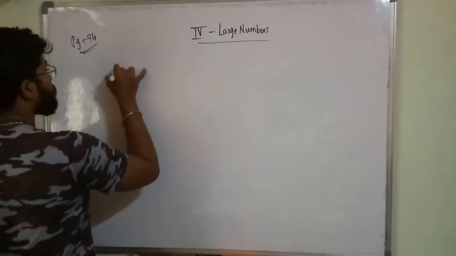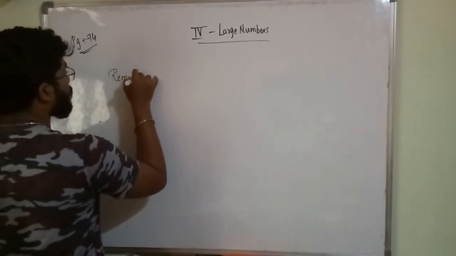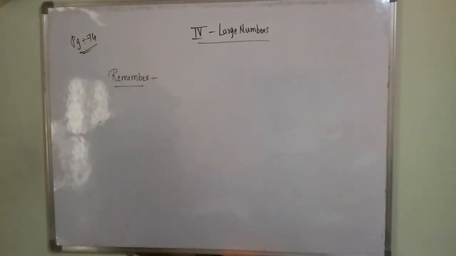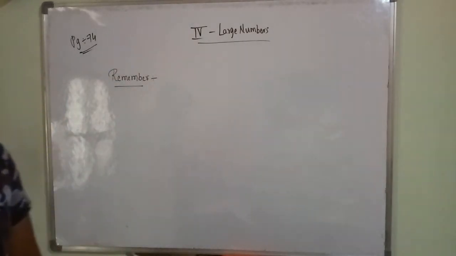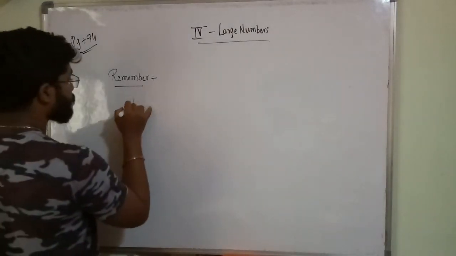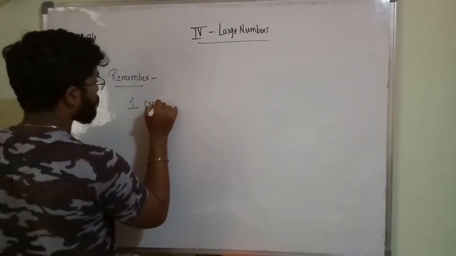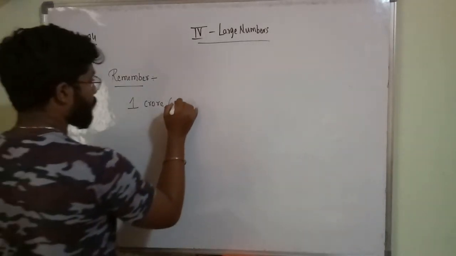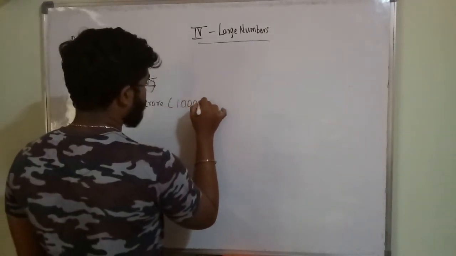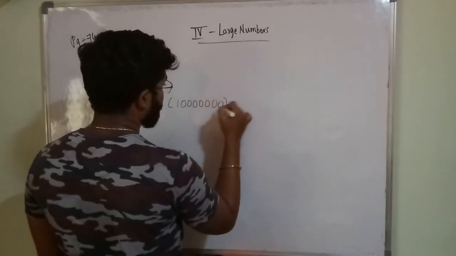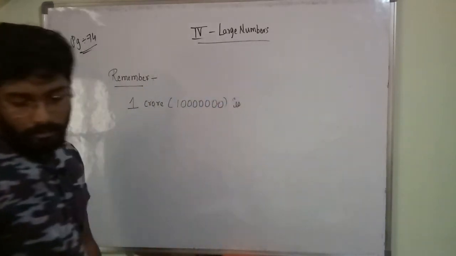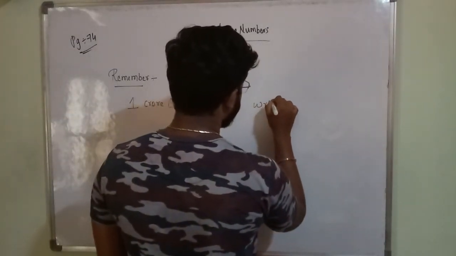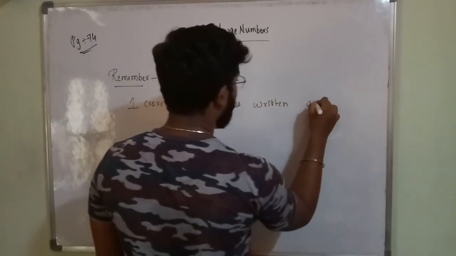Point to remember: 1 crore. 1 crore means it is an 8-digit number. How can we write this 1 crore?